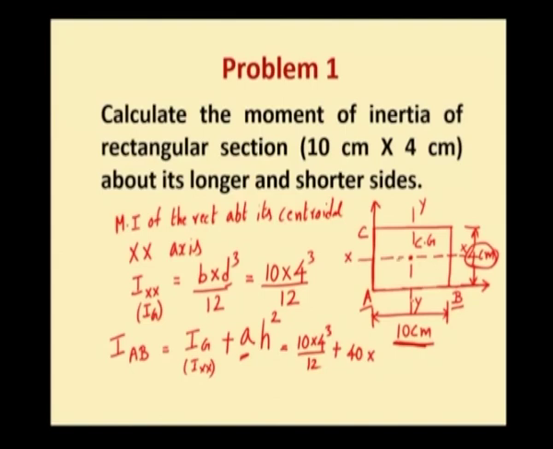Now, the distance between x axis and the line AB is our h here. So, h distance will be 2, so it will be 2 square. So, the answer will come as 213.33 centimeter power 4. Now, this is the moment of inertia of this rectangular section about its longer side AB. Similarly, we shall calculate the moment of inertia of this rectangular section about its shorter side, which is AC.